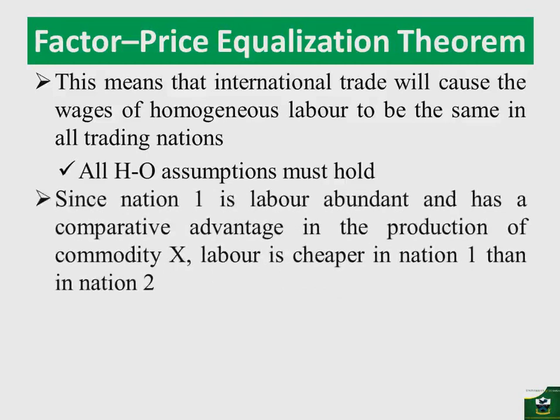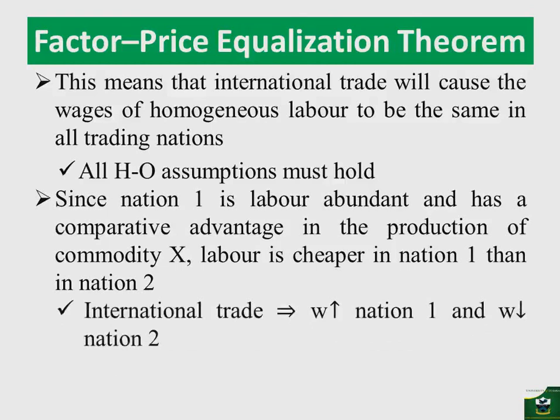Okay, now since nation 1 is labor abundant and has a comparative advantage in the production of commodity X, it means that labor is cheaper in nation 1 than in nation 2. Because nation 1 has a lot of labor, and because it is abundant, wherever we have resources that are too much, the price or value of those resources gets reduced.